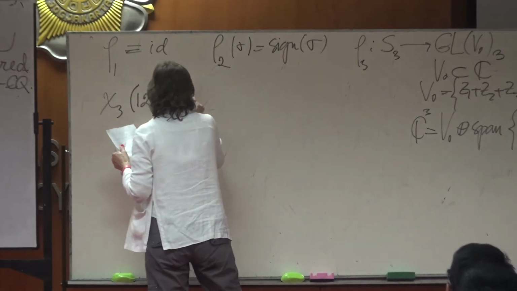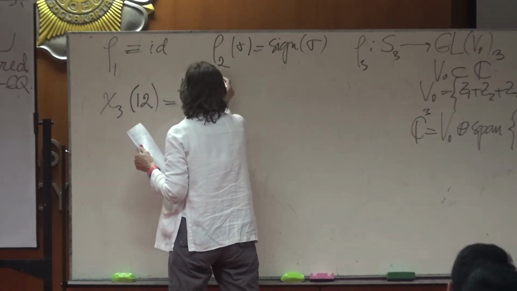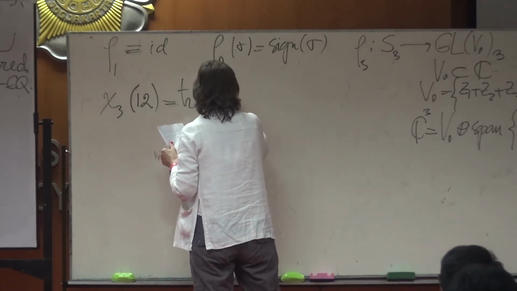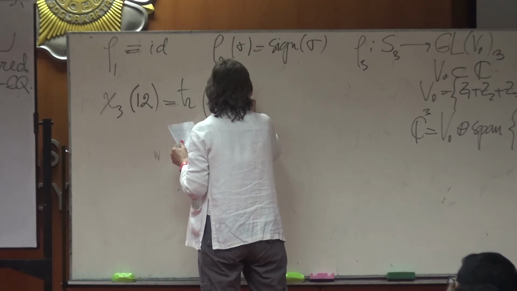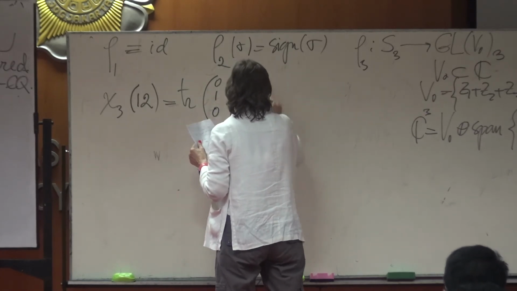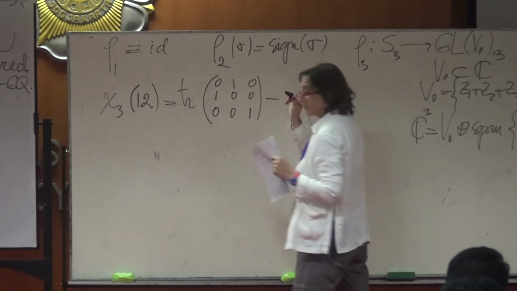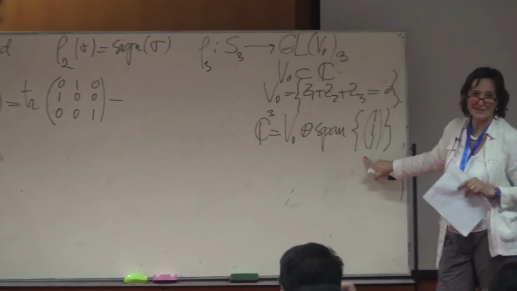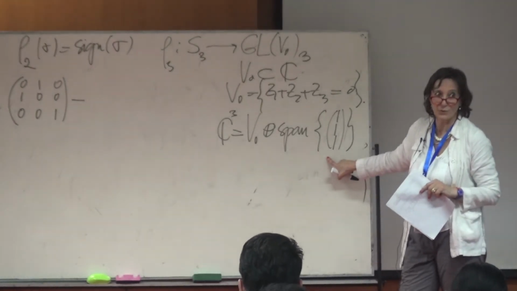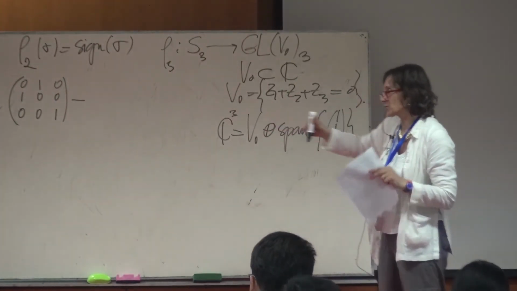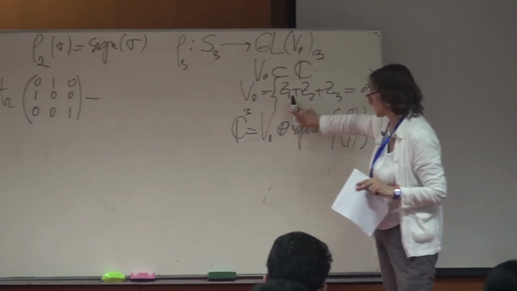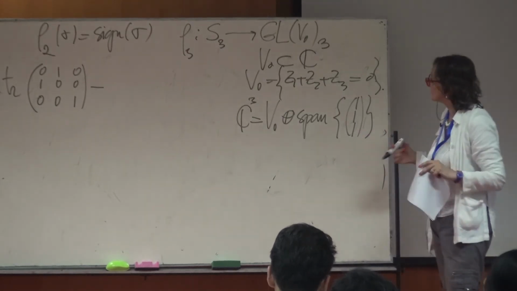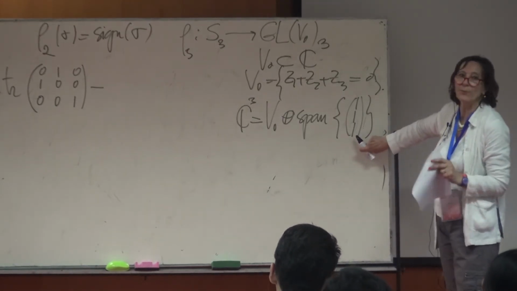So this is the trace of the matrix 0, 1, 0, 1, 0, 0, 0, 0, 1, minus the contribution of this component. Now I compute the trace of the 3 by 3 matrix. Notice that this is dimension 2, so I have to remove the contribution of this copy of the identity.